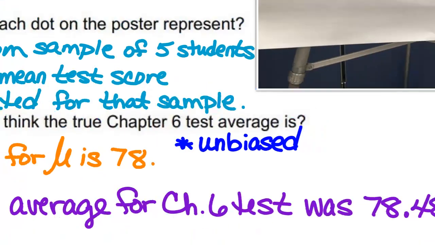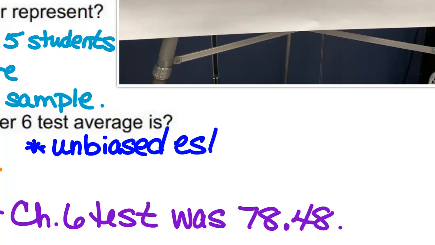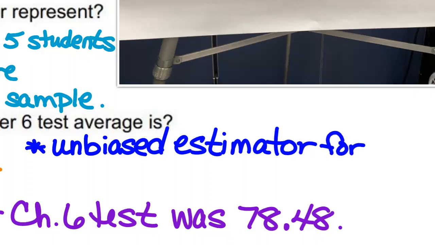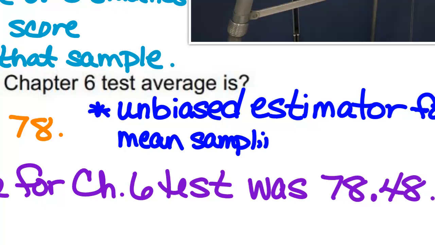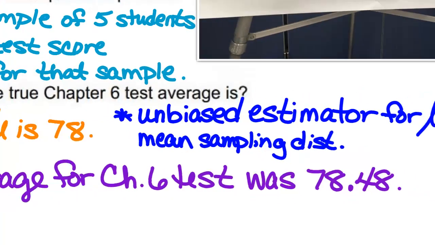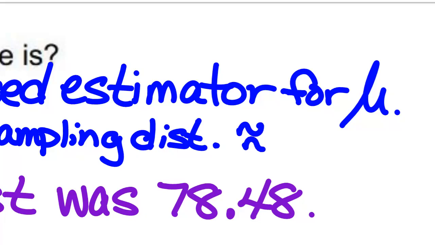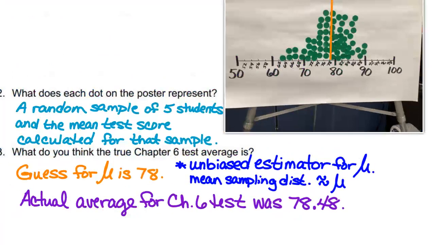The mean of the sampling distribution is approximately equal to mu. That's what it means to have an unbiased estimator.